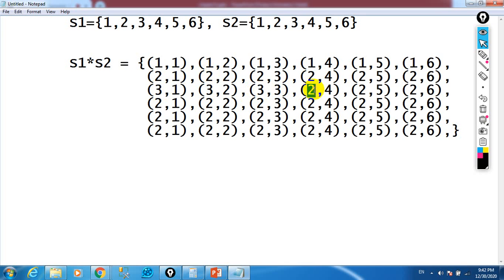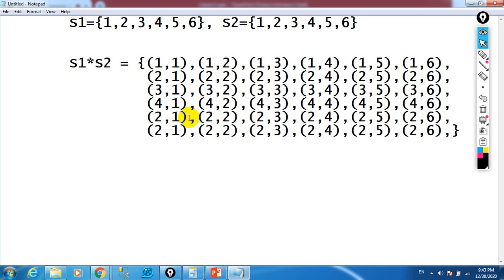3 3, 3 4, 3 5, 3 6, then 4 1, 4 2, 4 3, 4 4, 4 5 and 4 6.